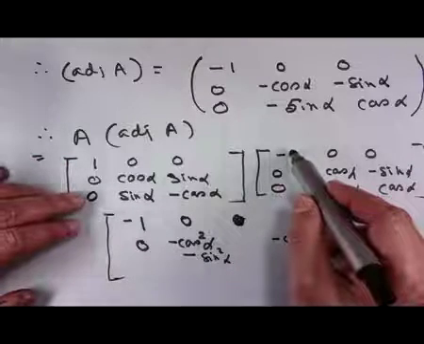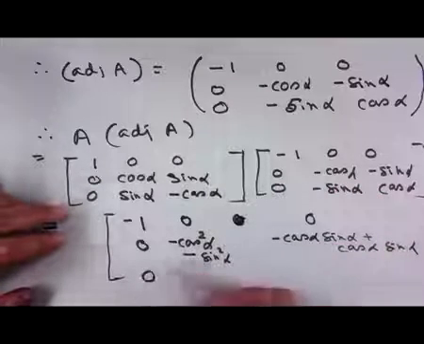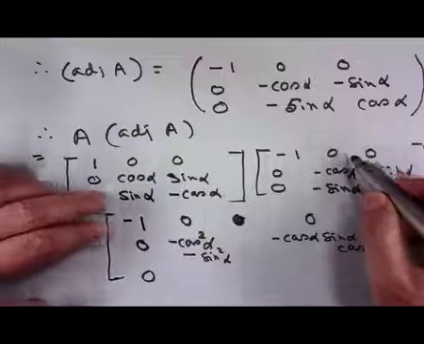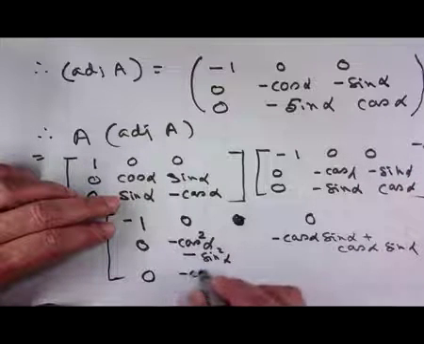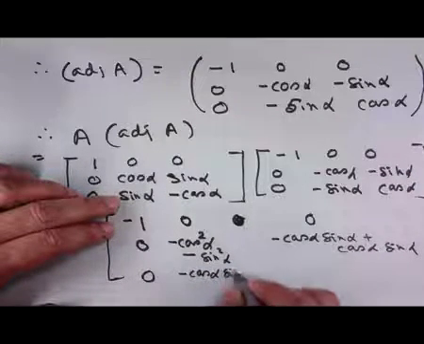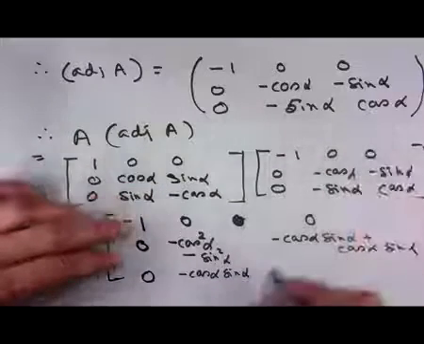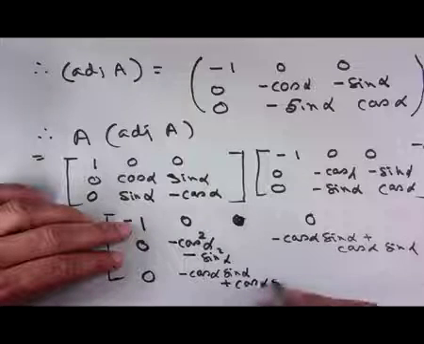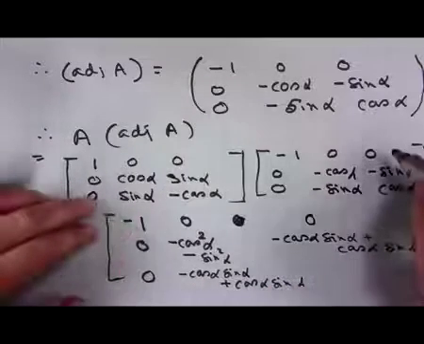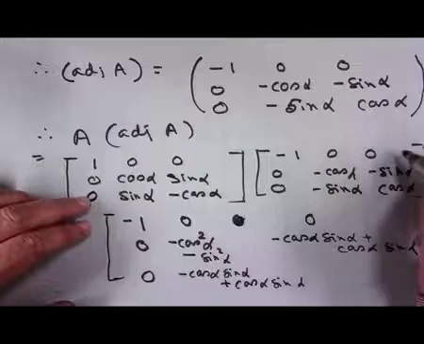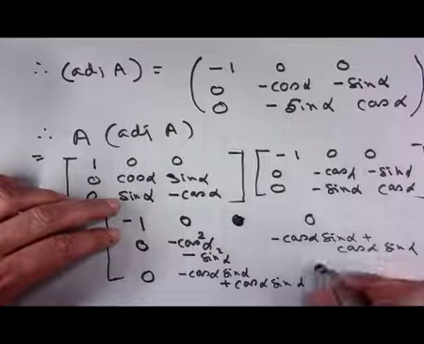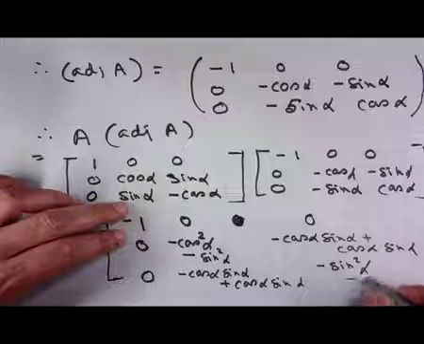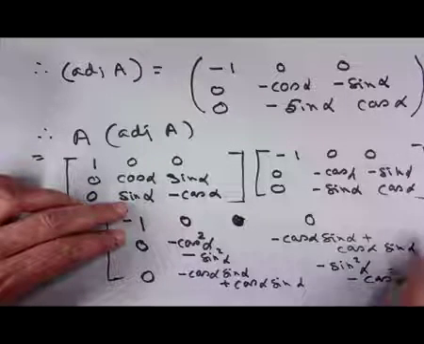Third row first column is 0, third row second column is equal to minus cos alpha sin alpha plus cos alpha sin alpha, and the third row third column is equal to minus sin square alpha minus cos square alpha.